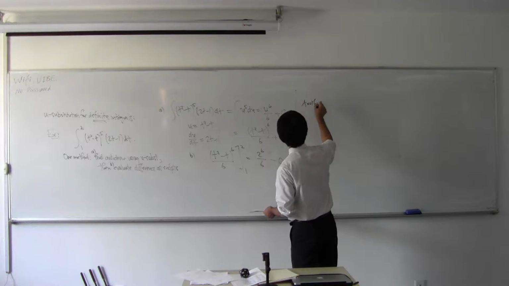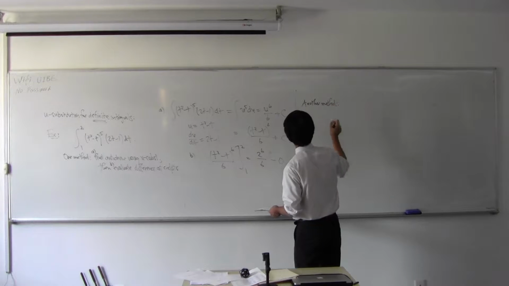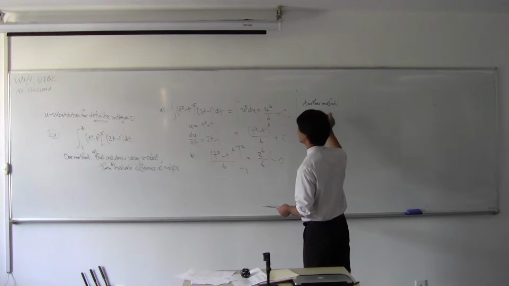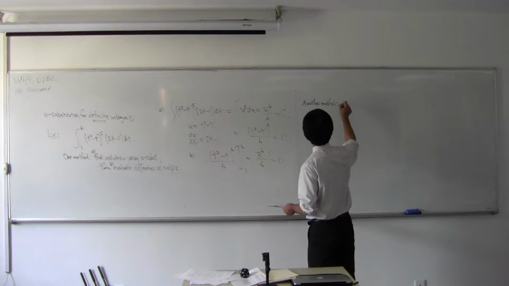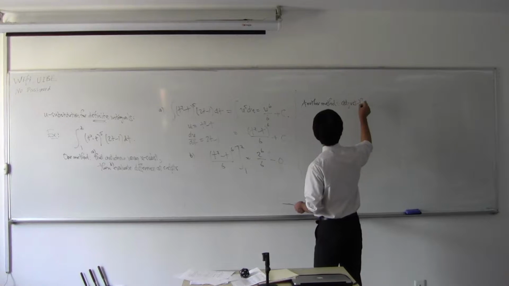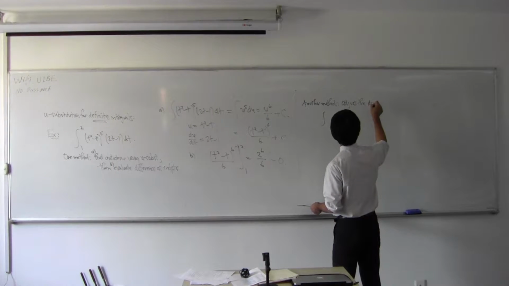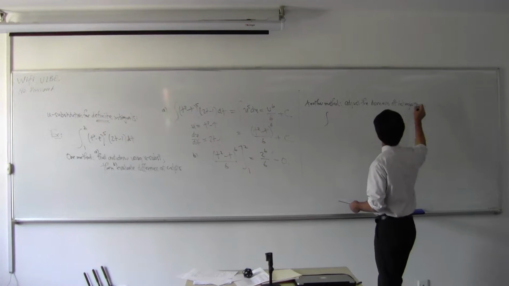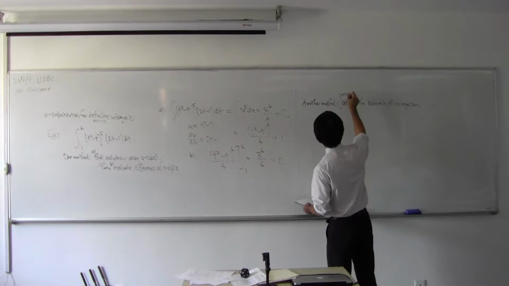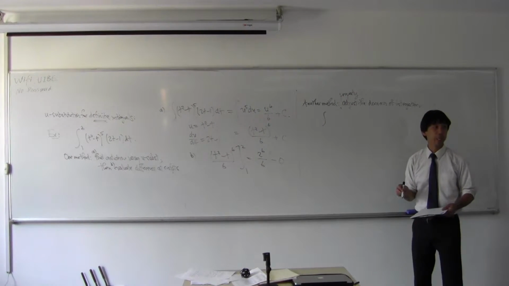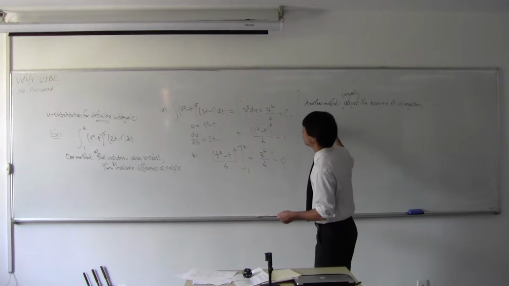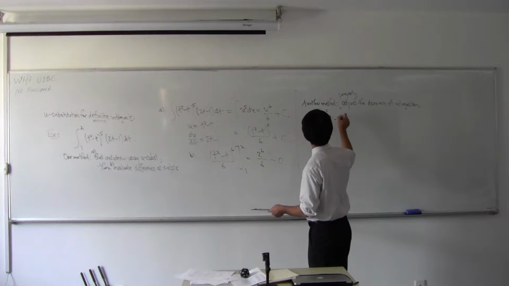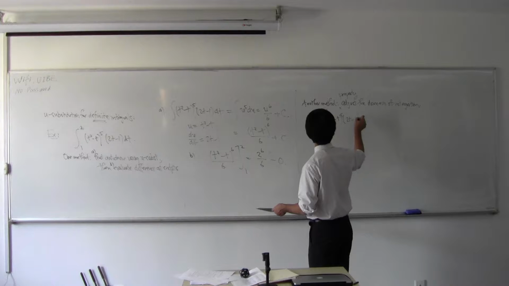Another method: properly adjust the domain of integration. So here we've got (t squared minus t) to the 5th times (2t minus 1) dt.